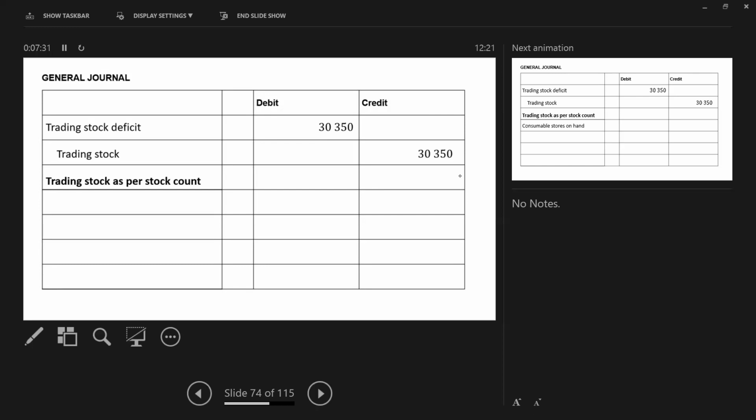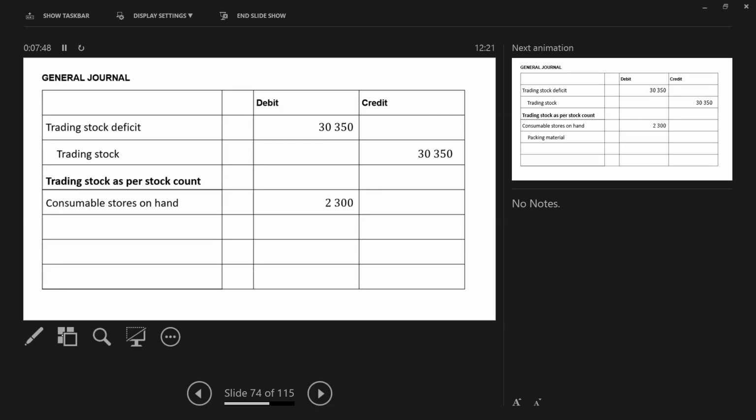When it comes to consumable stores on hand, my consumable stores on hand is an asset. It will be debited. Remember, it was 800 plus 1,500, if I'm not mistaken. So when you take 800 and you add it to 1,500, it'll give you 2,300.